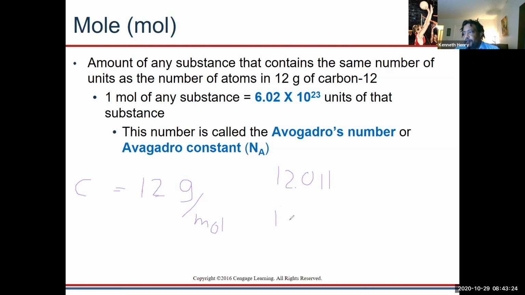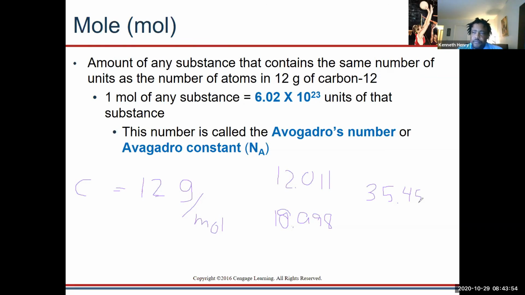If I have 18.998, at that point, I'm going to round to 19. If I have 35.45, I'm not going to round because that 0.45 could actually start making a difference depending on how many you have, right? And if you round, then you're kind of cheating yourself out of a little bit.